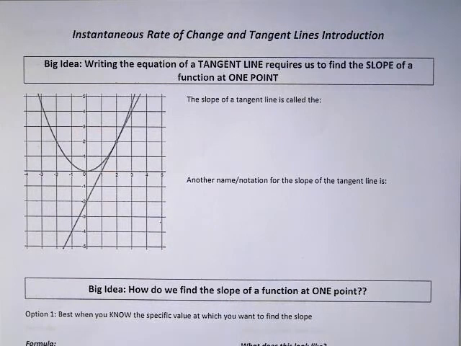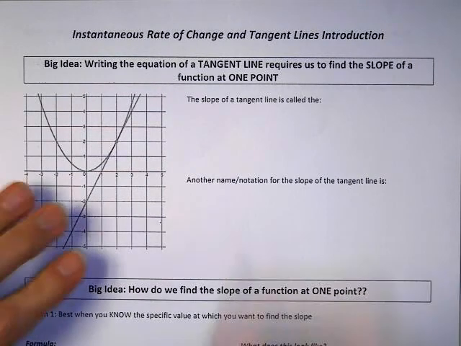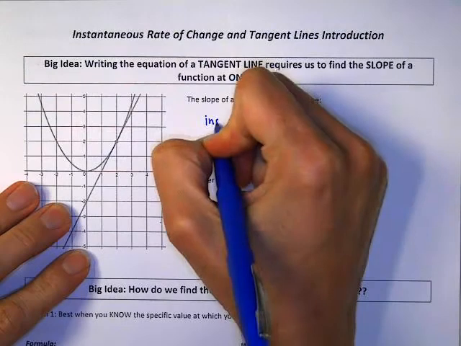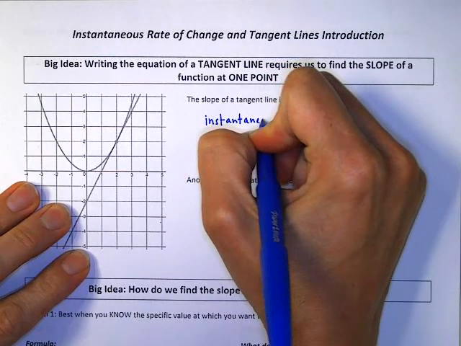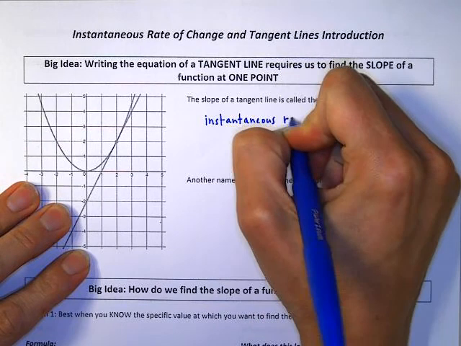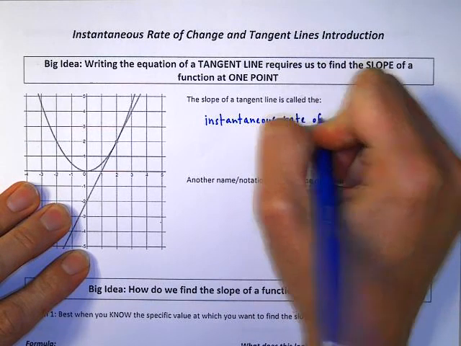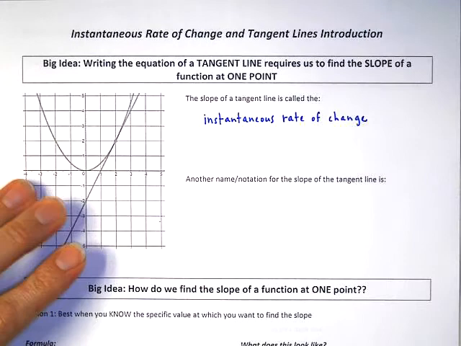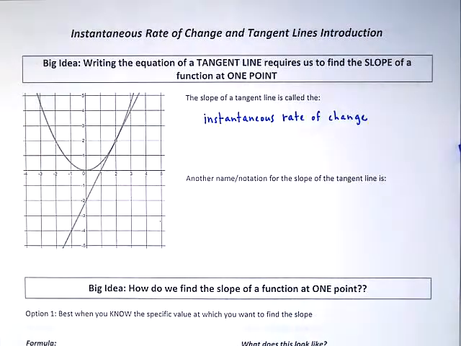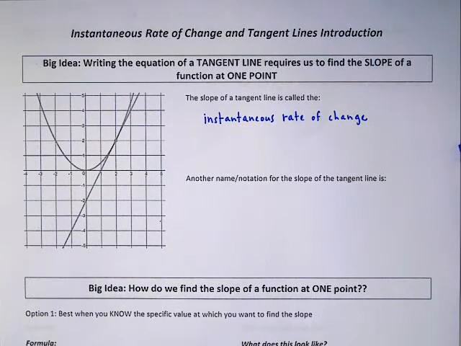So, just to fill in a few things here to get us all on the same page, we know that the slope of the tangent line is called the instantaneous rate of change. And just as a side note, I'm going to make myself a note here. We know that's the slope of the tangent line.